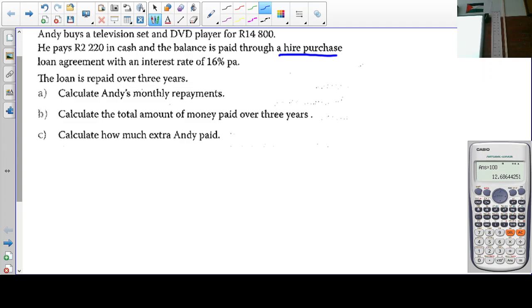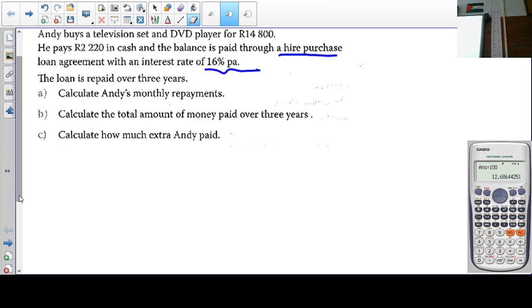Simple interest. They don't have to tell you it's 16% per annum simple interest. By just saying it's hire purchase, it's simple interest, unless they specify it is compound interest. Okay?